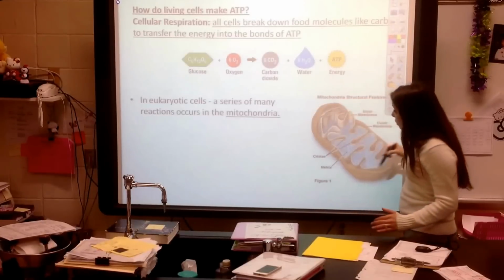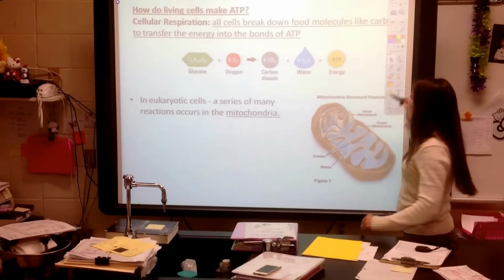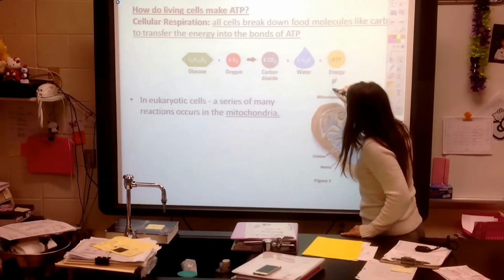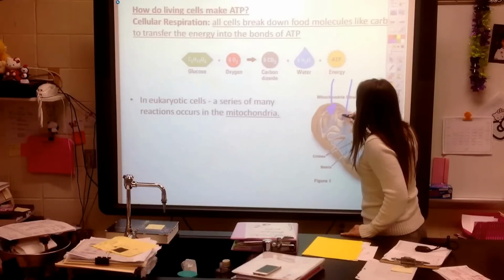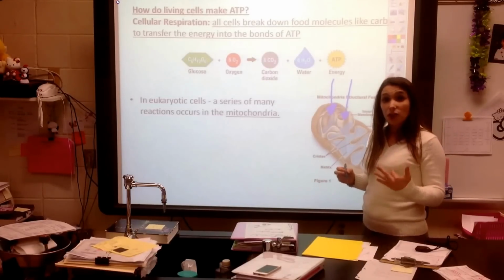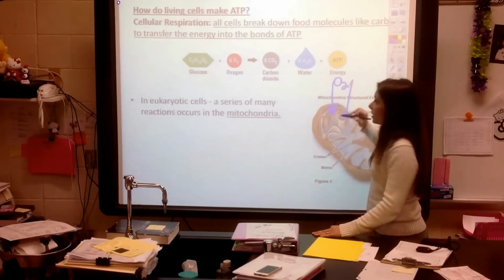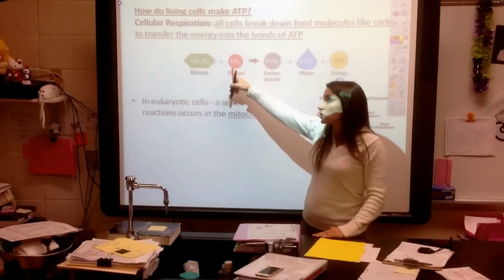And it's mostly going to be happening here within the mitochondria, which means that two things are going to be moving in. Well, we don't need to use the word moving anymore. We have better words like diffusion. So oxygen is going to be diffusing in. We're going to use oxygen.